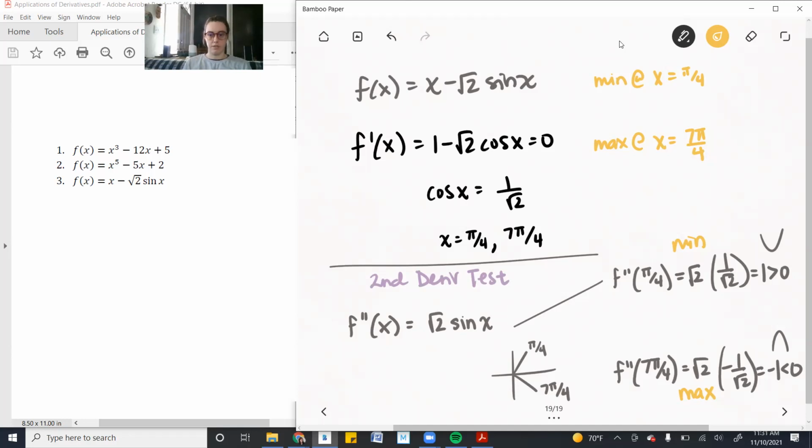Like if I rotate around again to 9 pi over 4, it's going to also be a minimum because it's the same thing. So I can just plop on plus or minus 2 pi k onto my answers.